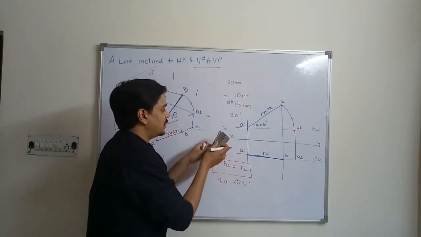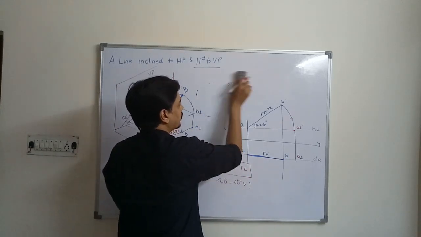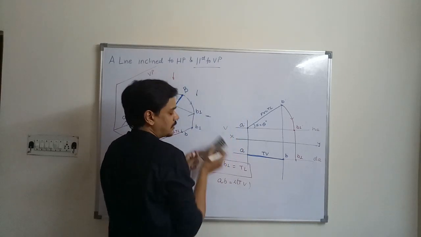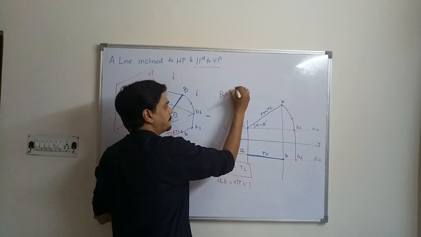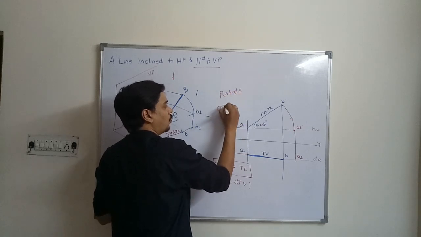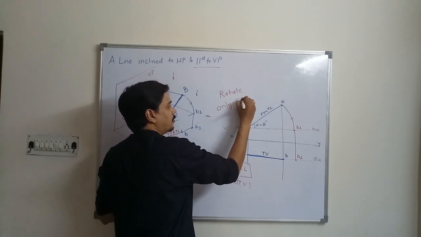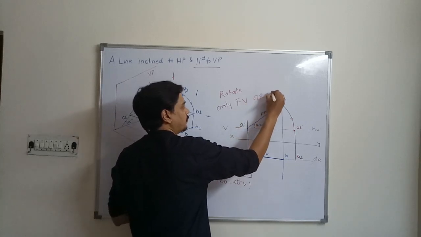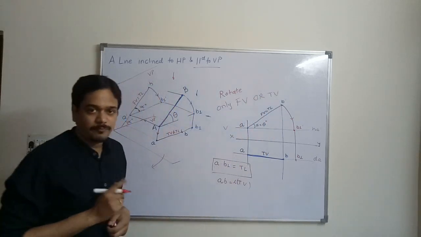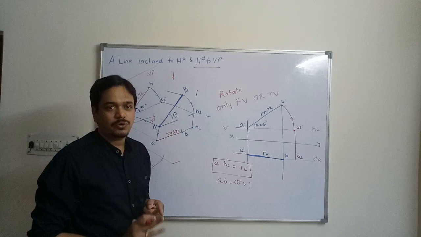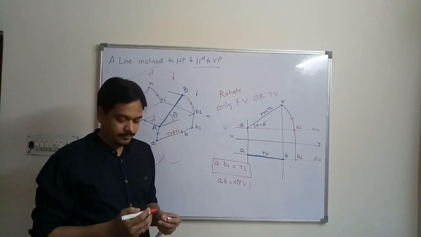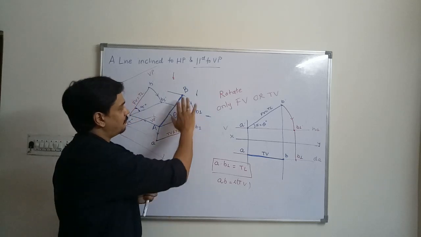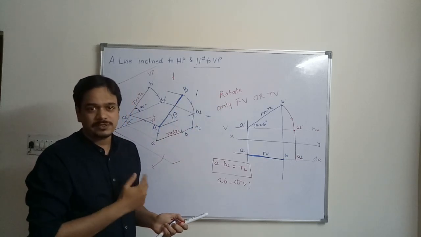So one rule is: rotate only front view or top view. You will never rotate true lengths. Only front view and top view will be rotated. So in this case, you have found the true length in top view as well.